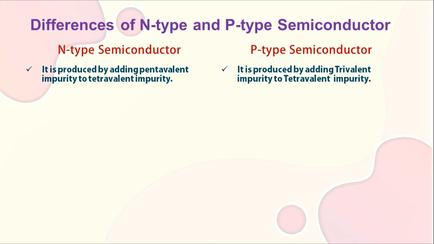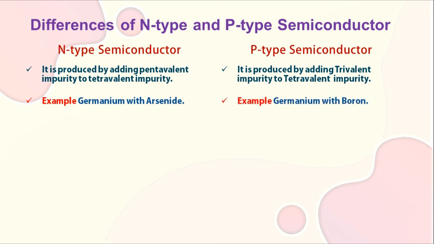Okay, this is the first difference. The second one is the example. When germanium is doped with arsenic, you get an N-type semiconductor. In the same manner, when germanium is doped with boron, you get P-type, because boron is trivalent. Arsenic gives the N-type semiconductor.